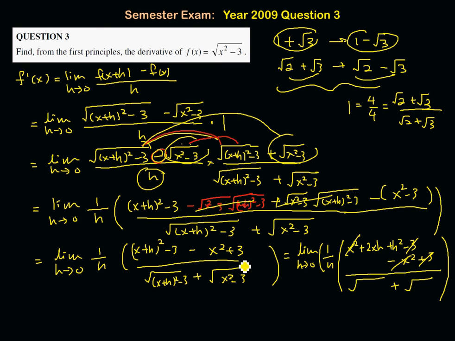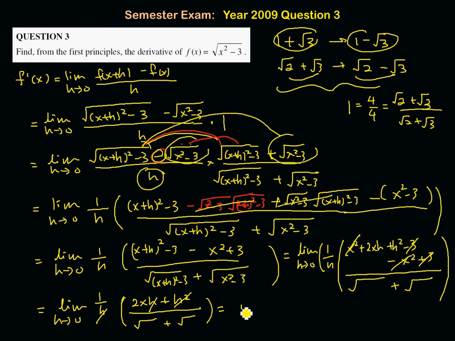By the way, you have this 1 over h, and here you get 2xh plus h squared, and again the denominator you copy too. Whatever you have here, you copy here. And h is not 0, so we can cancel the h like this, simplifying, with h tends to 0.